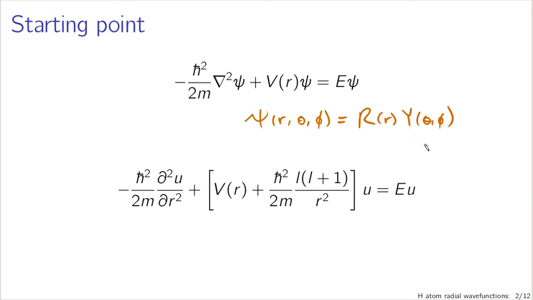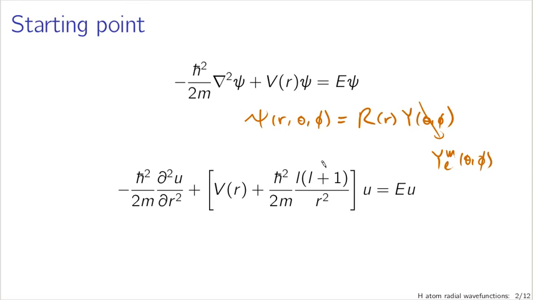the angular part here, Y of theta and phi, actually gave us spherical harmonics, Y_lm of theta and phi, as our solution. The radial part was a little more complicated, since that's where the bulk of the interesting derivatives are in the Laplacian.